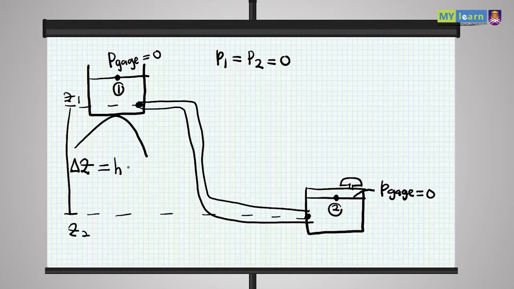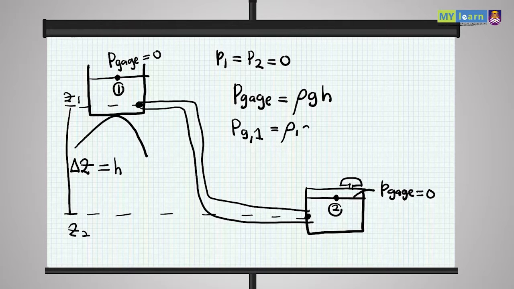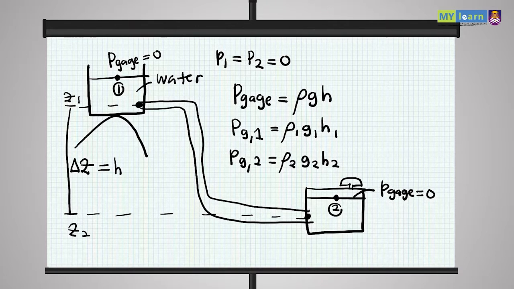Okay, so if you remember from chapter 2, P gauge will be equal to rho G H. For this study, P gauge 1 is equal to rho 1 G1 H1, and P gauge 2 is equal to rho 2 G2 H2. However, because we are using the same fluid, assuming this part is water, and the same water goes down to the pipe, for the tank it is also water over here.